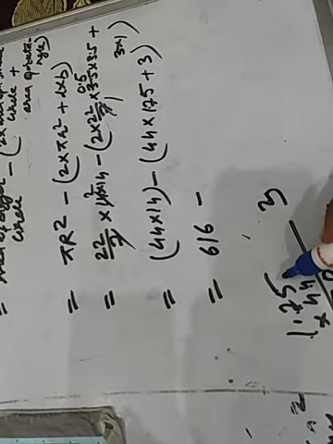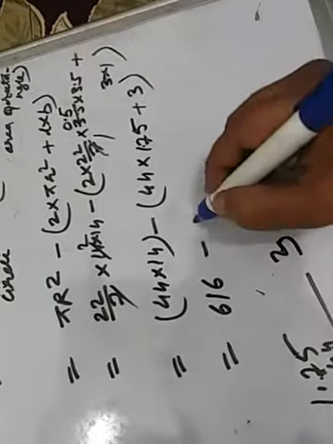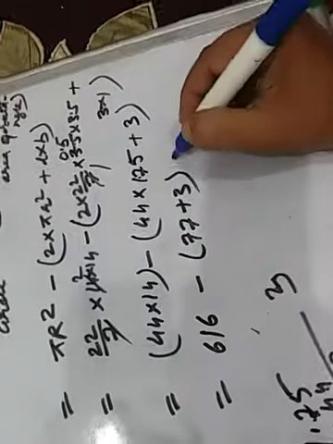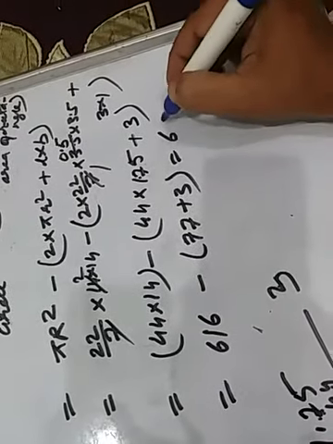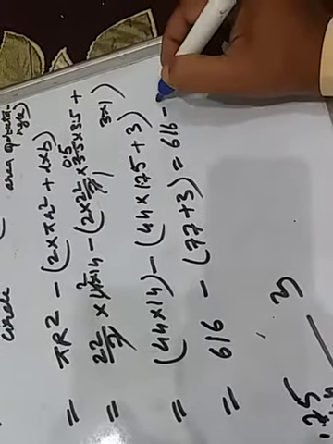Number of decimal places 2, that is 77. So 616 minus 77 plus 3 equal to 542.